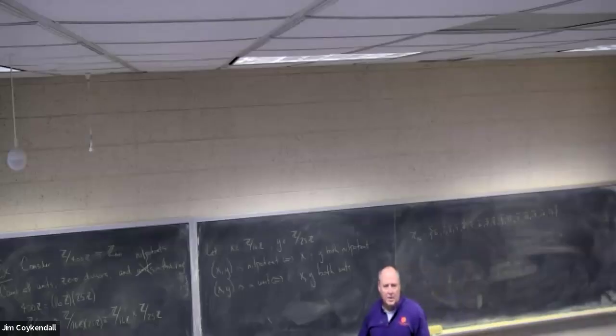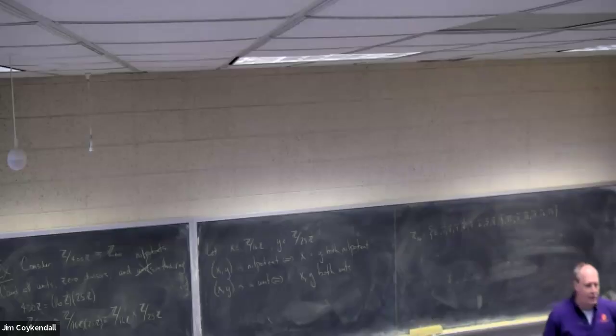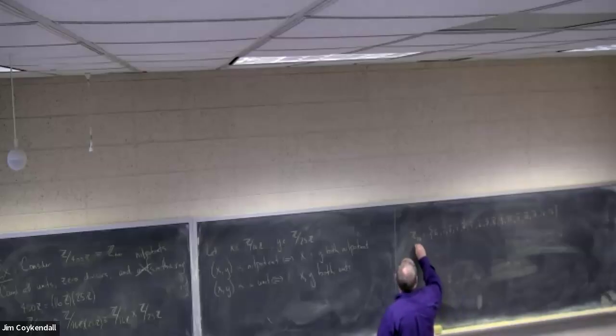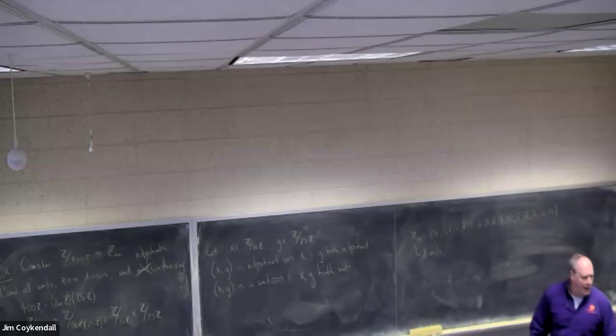Can somebody tell me what the units are in Z mod 16Z? That is correct. Everything is relatively prime to 2, right? And that's half of it. So there are 8 units in Z16, right? And everything else that's left over must be what?